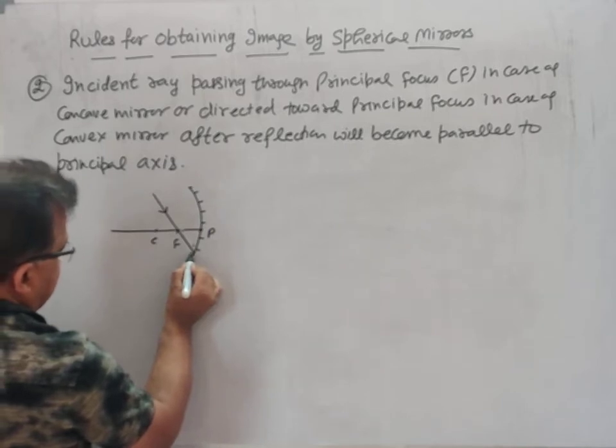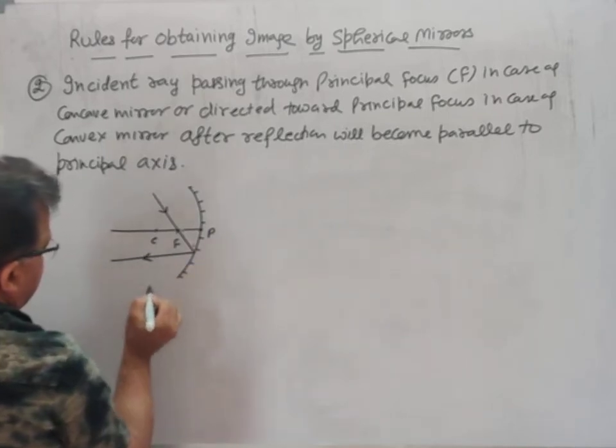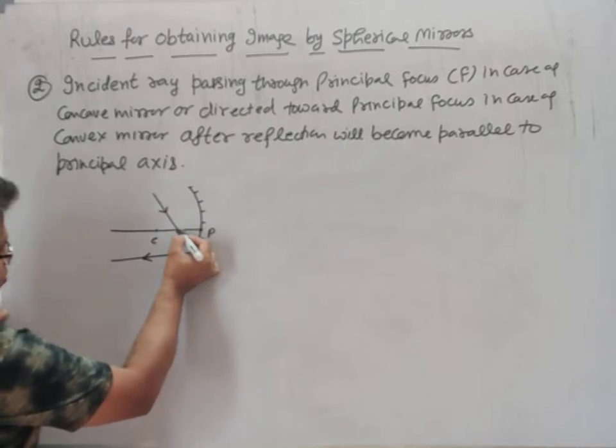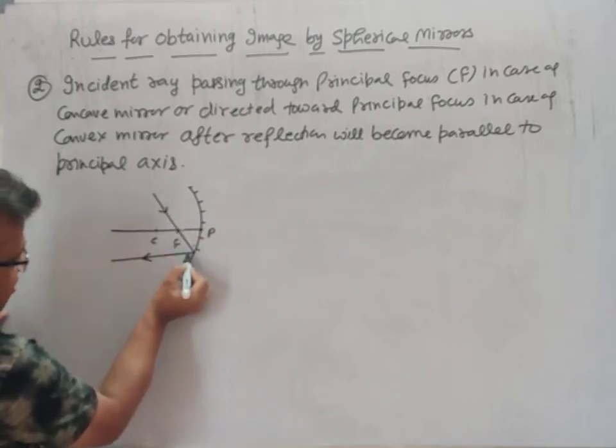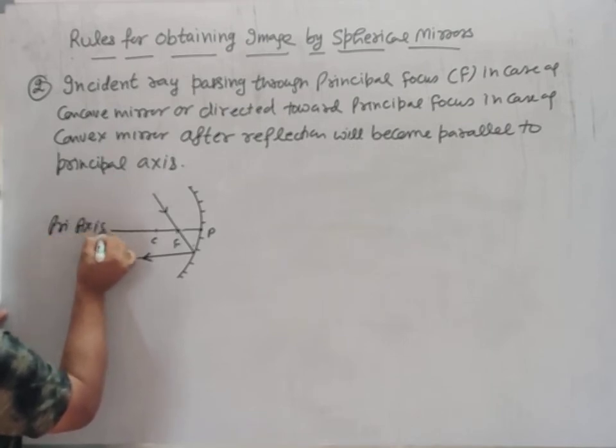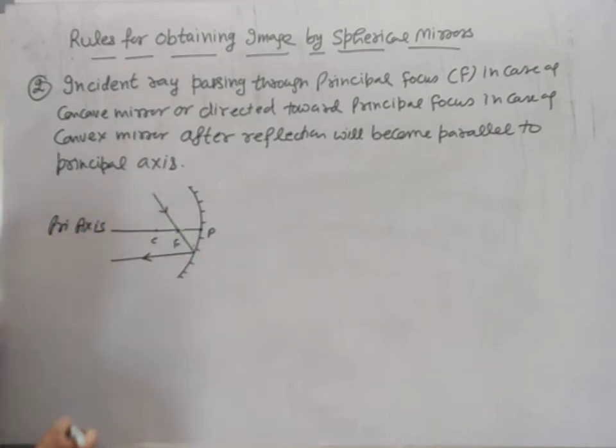Then the incident ray passing through this principal focus, after reflection becomes parallel to principal axis. This is principal axis, incident ray, reflected ray.